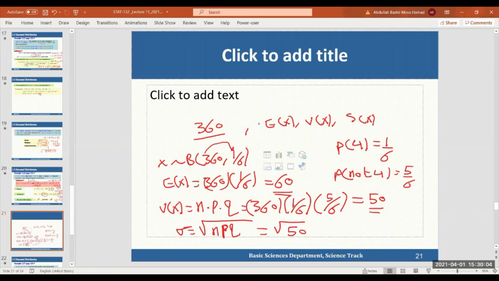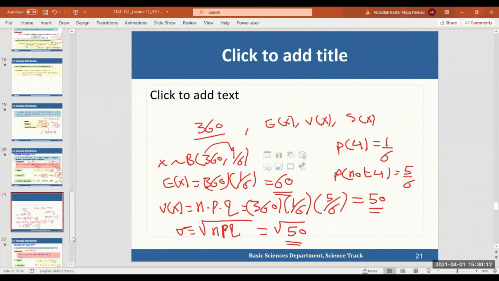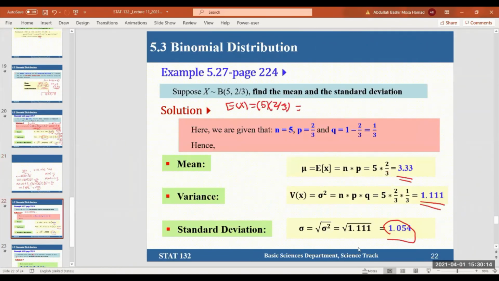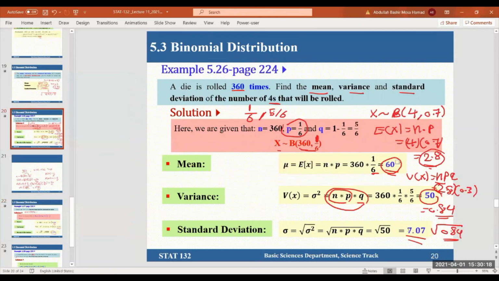So the square root of 50 is the standard deviation of this experiment, the number of getting 4. Yes, this is our example.